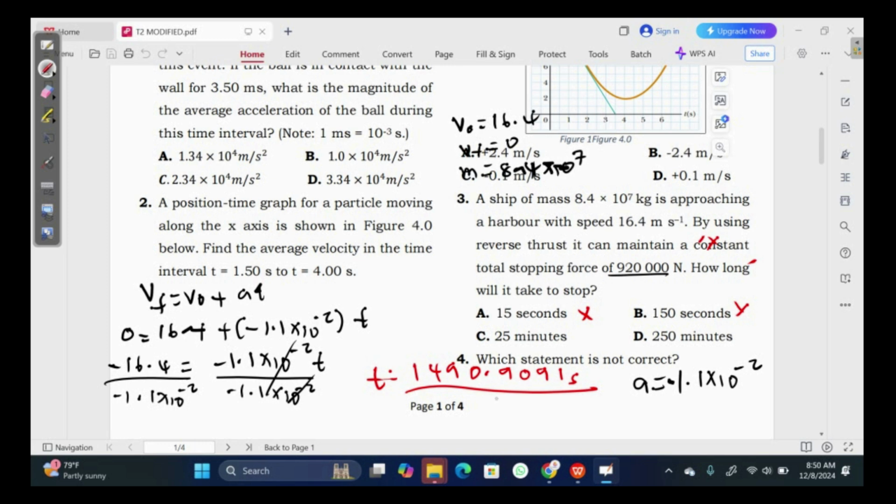This gives me t being equal to 24.8, of which I know that I don't have 24, but if I round it off, I'll get 25 minutes. So I can clearly say that C is the correct answer in this case.